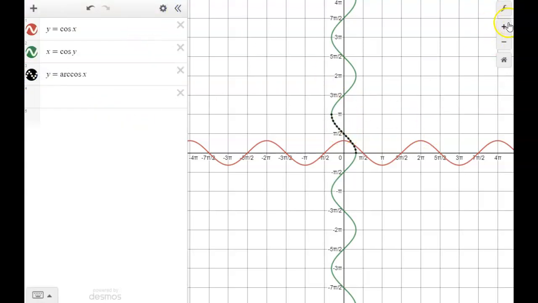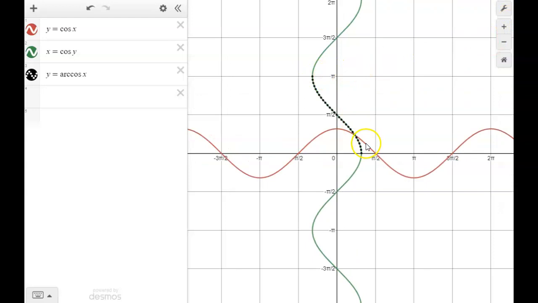So again, here we can see from 0 to pi in the y direction. We're restricting the range, or the output, of this inverse. We can see that it's a function. It passes the vertical line test only between that interval 0 to pi.